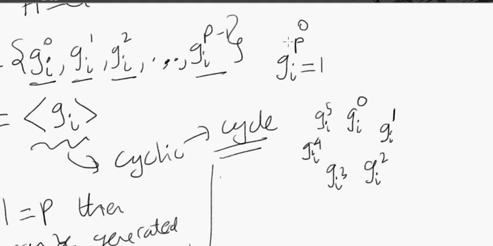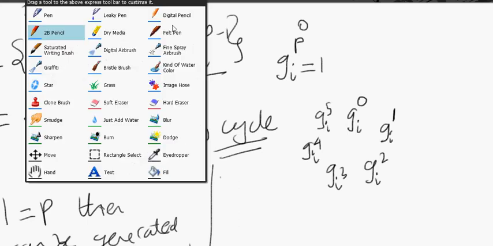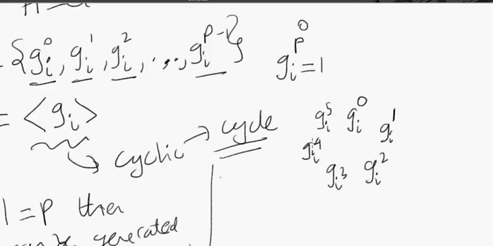Right, so we start from, let's write a little better. Let's call this g_i to the 4.